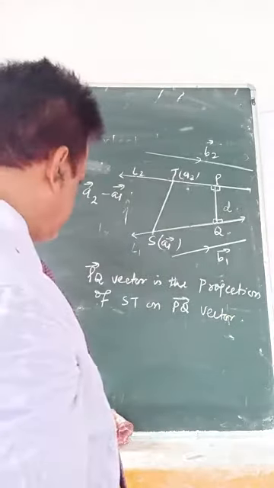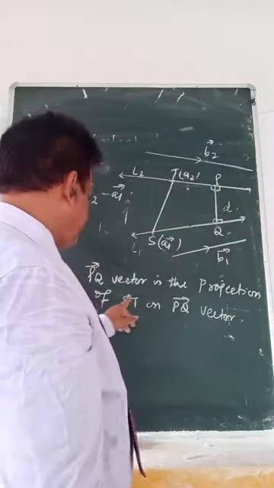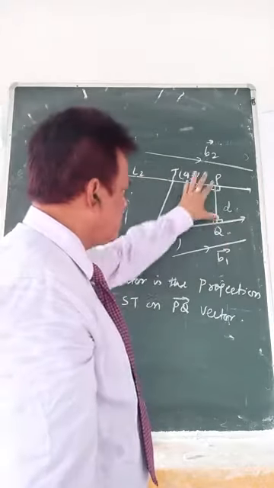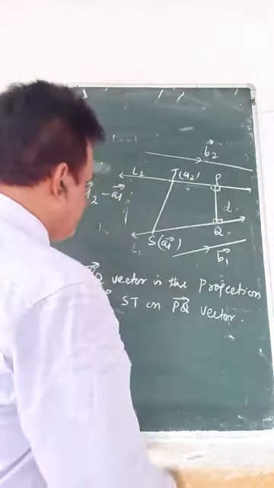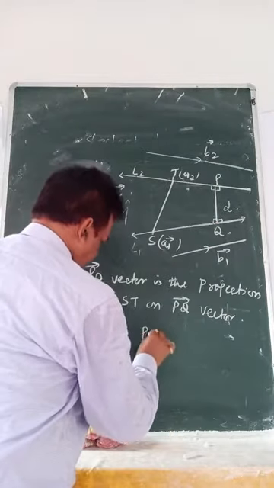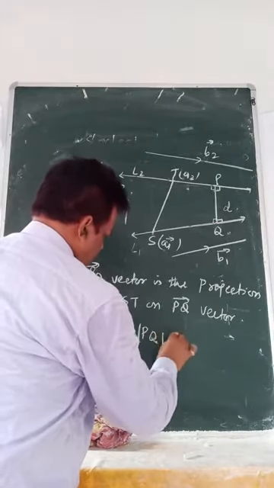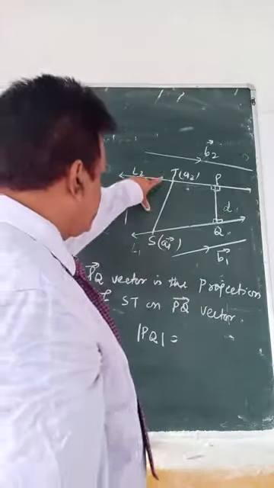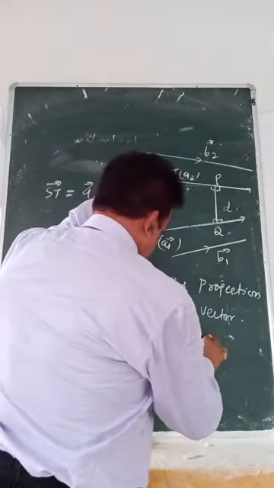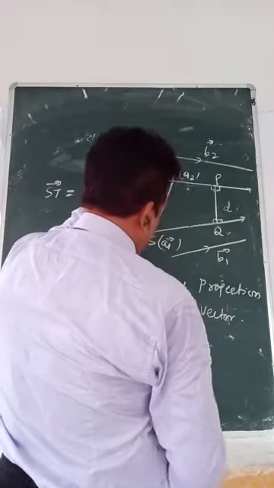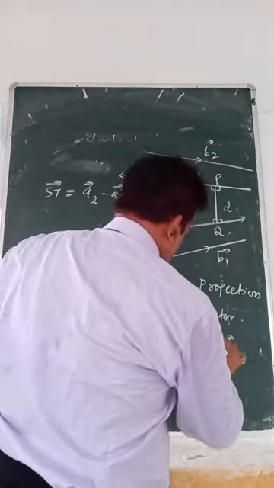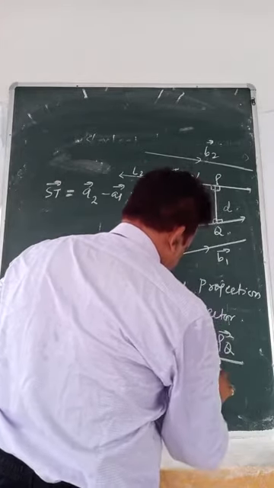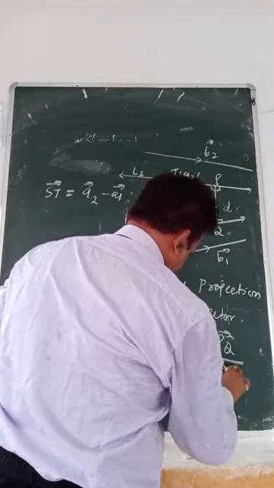Projection of ST on PQ is this distance. So PQ will be how much? That will be the dot product of ST line dot PQ line by modulus of PQ line.